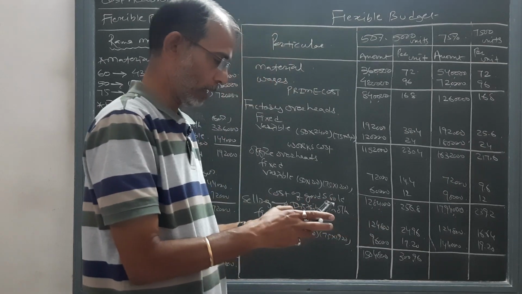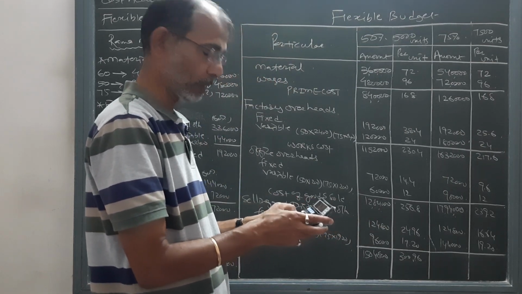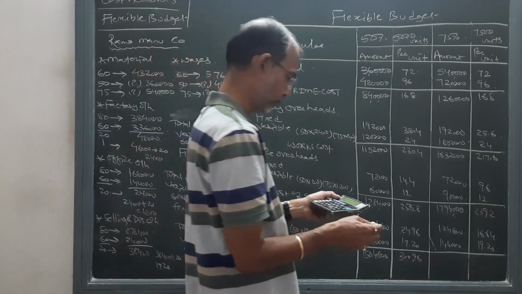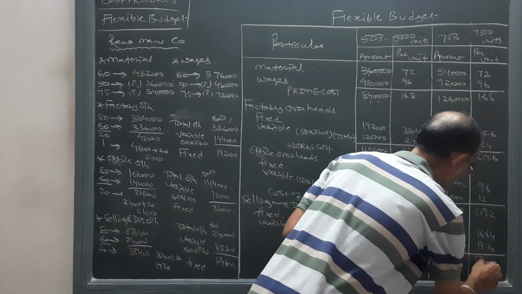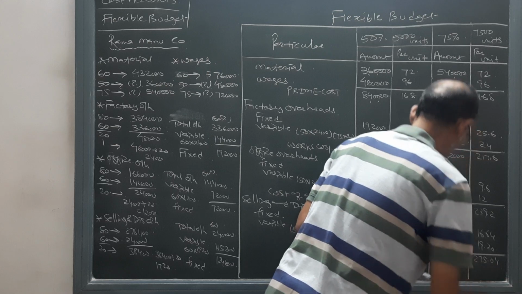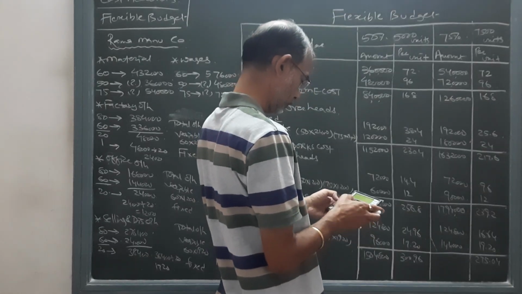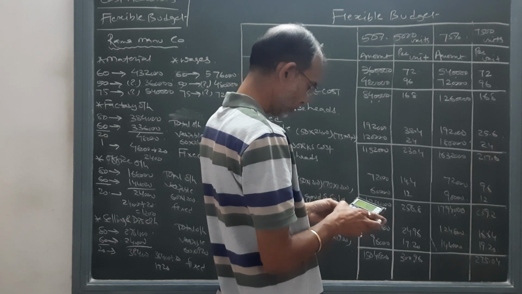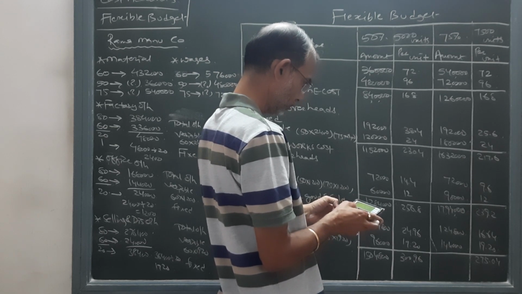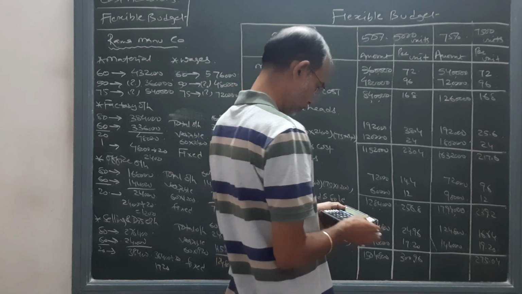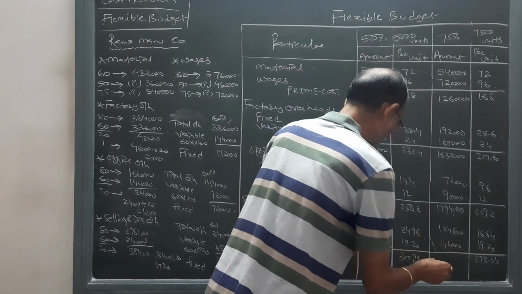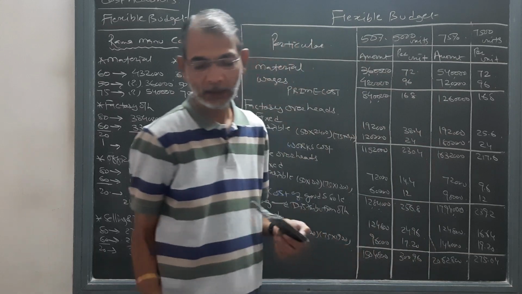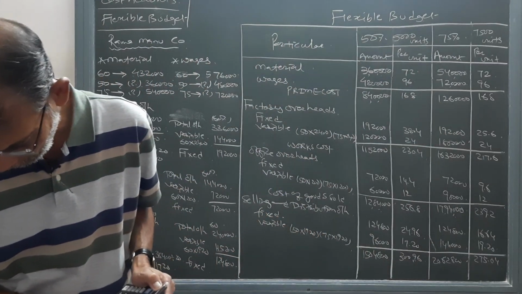So 239.2 plus 16.64 plus 19.2 is 275.04, and amount is 20,62,800.